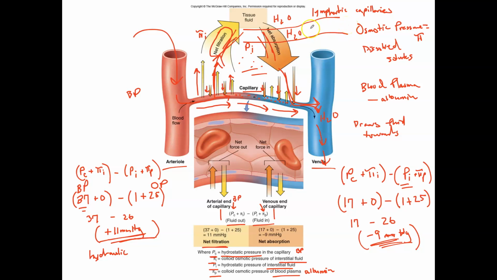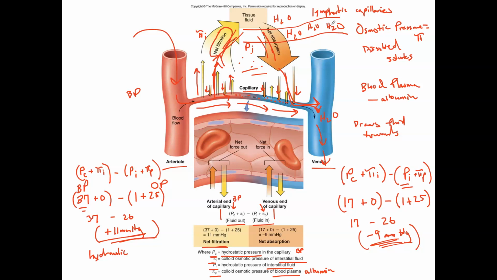So even though there's a greater net filtration, we're going to pick up excess water in our lymphatic capillaries, and then we're going to take those back to the cardiovascular system. So we pick up extra fluid. So filtration is greater than absorption, but excess fluid in the interstitial spaces can be picked up by the lymphatic system and taken back to the cardiovascular system.